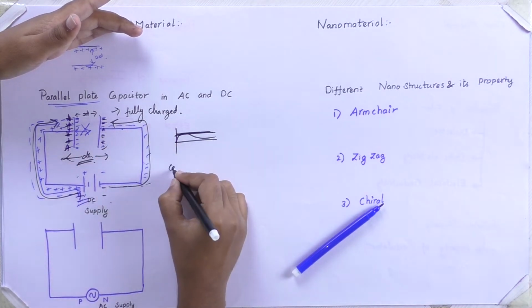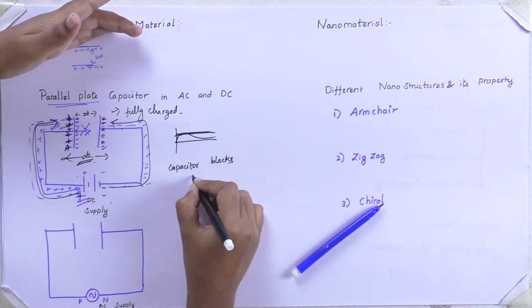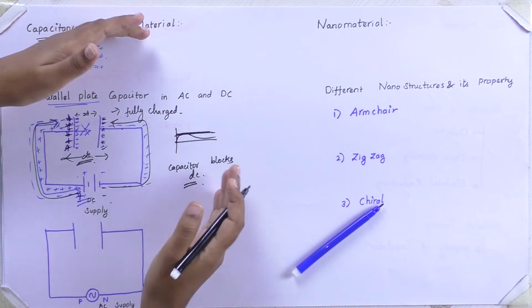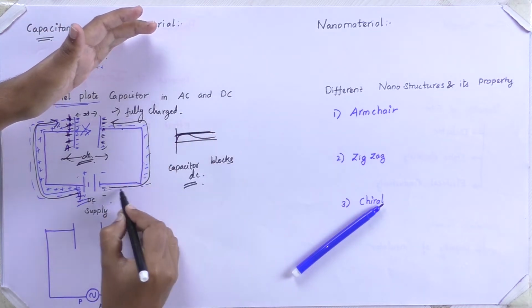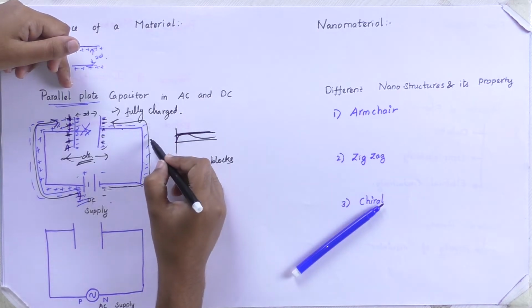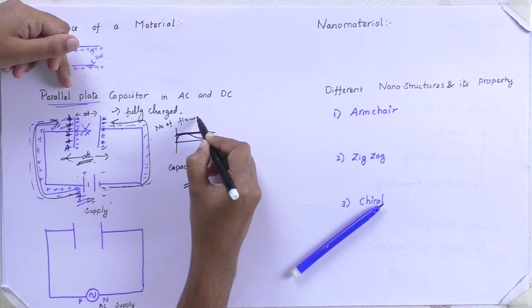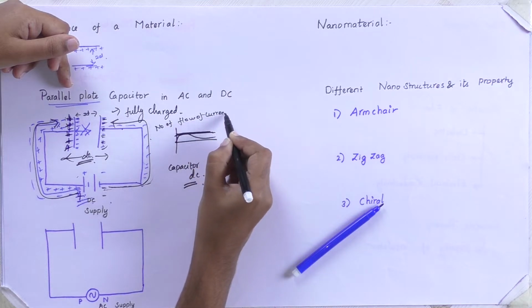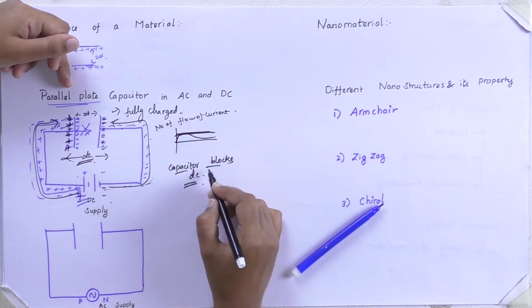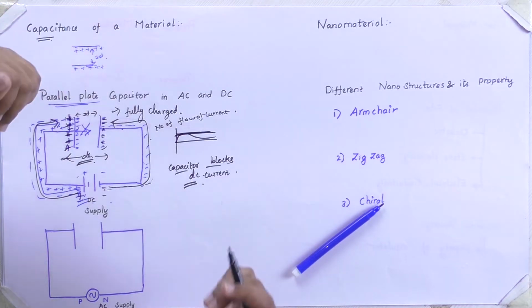That is, the capacitor blocks DC. Once it is fully charged, it will never allow the flow of electrons or positive charges in the circuit. The circuit reaches a state of no flow of charges, no flow of current. This is the reason why the capacitor blocks DC current.